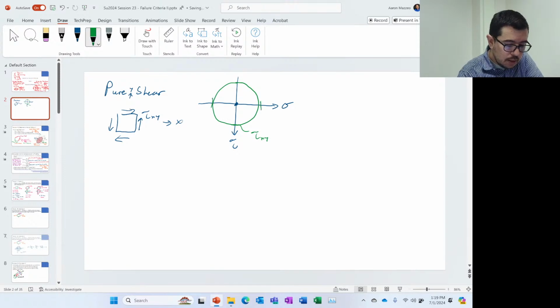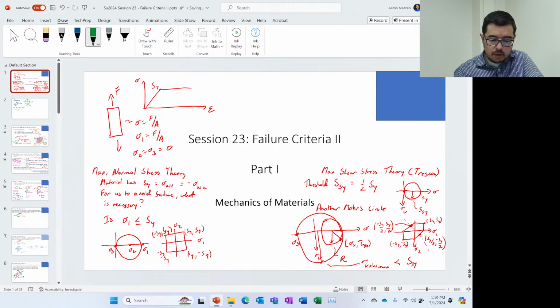So in this case, let's say that we're trying to use our maximum shear stress theory. Tau xy has to be less than what? Well, what do we say here? It needs to be less than whatever our shear strength is. You see that?